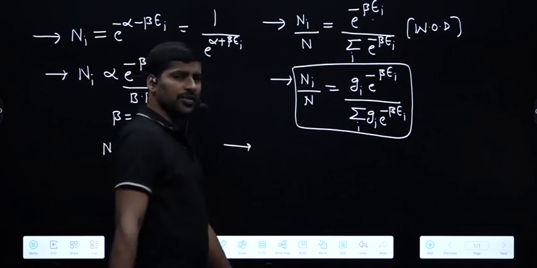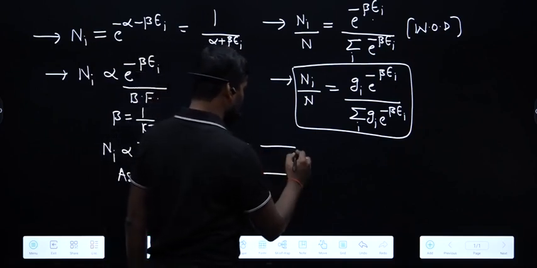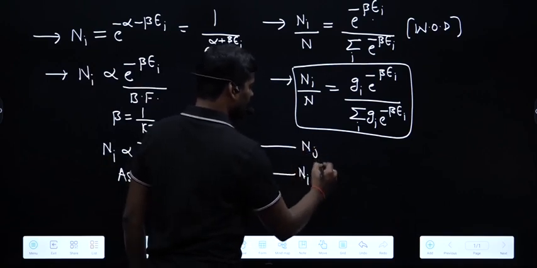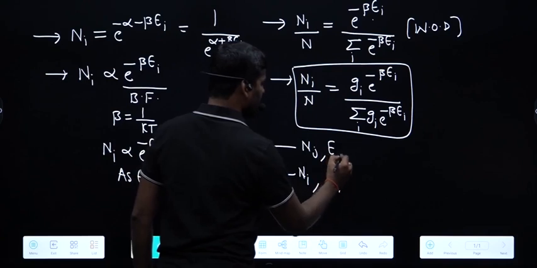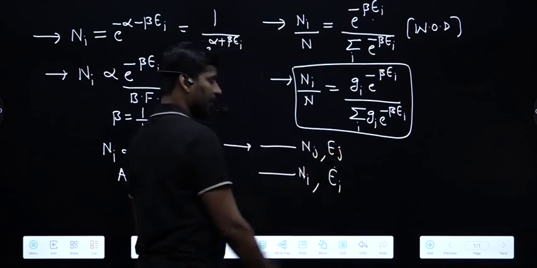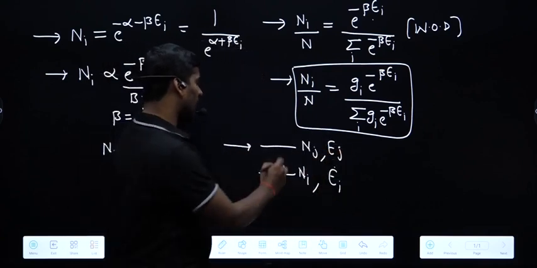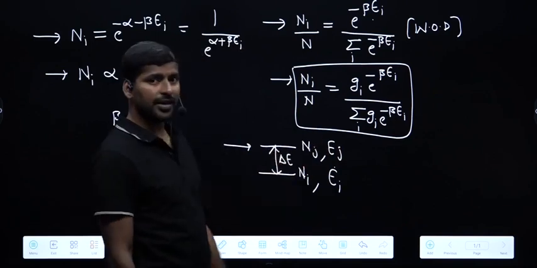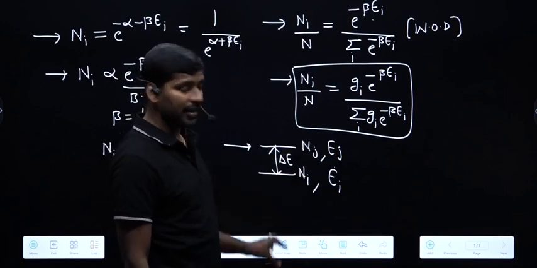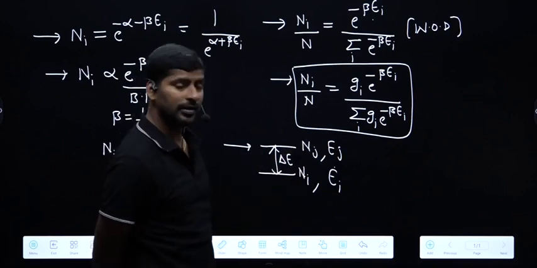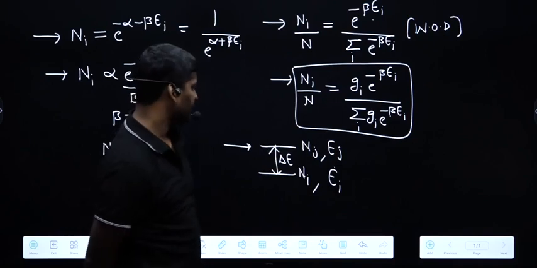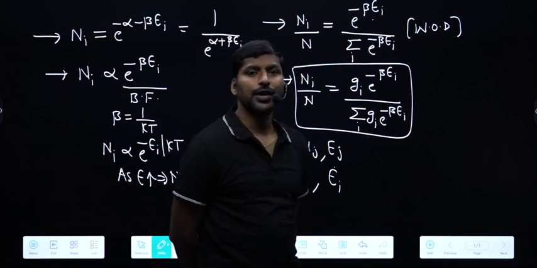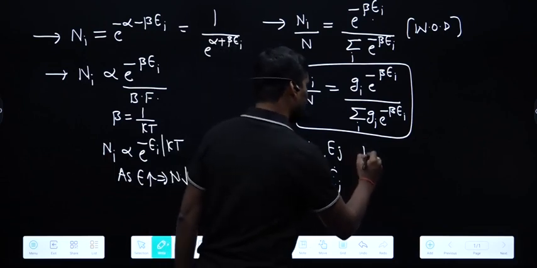Based on Maxwell-Boltzmann statistics, suppose we have two energy levels, Ei and Ej, the populations are Ni and Nj, and the gap between these two energy levels is delta E. Now how do we give the relative population Nj by Ni?